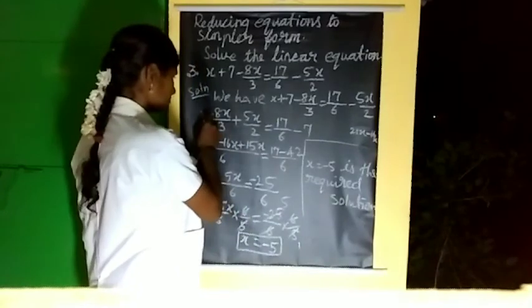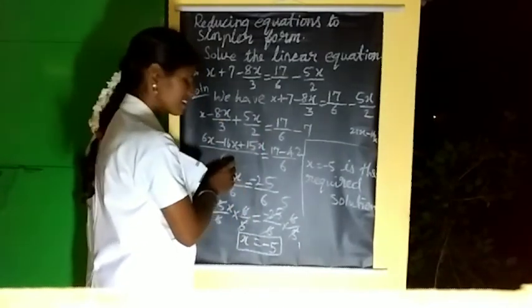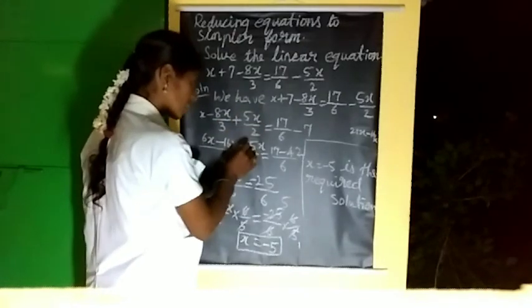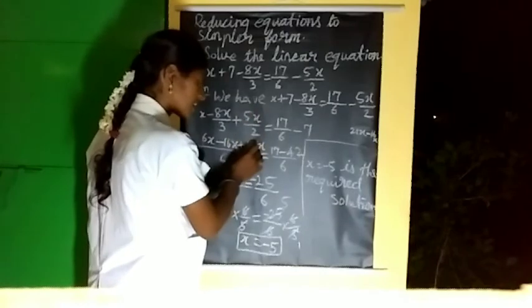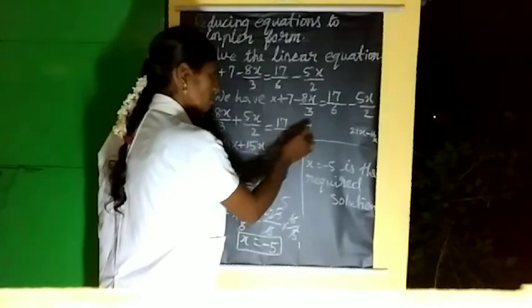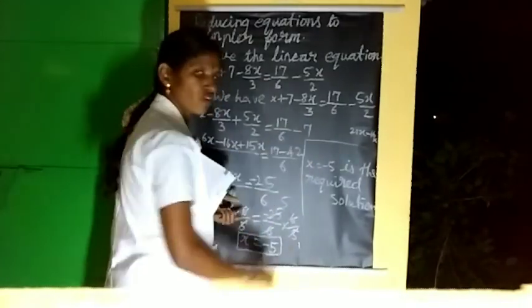Then here we have to find the LCM. For 3 and 2 the LCM is 6. So 6x minus 16x plus 15x, with 2 times and 3 times 3 times 5 being 15x, is equal to 17 minus, multiplying 7 by 6, minus 42.